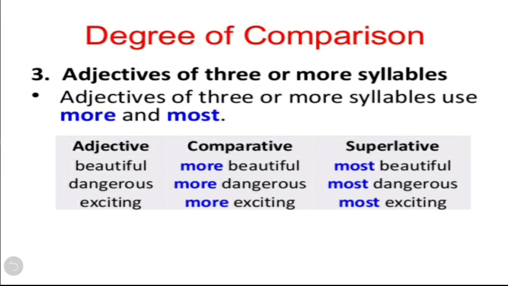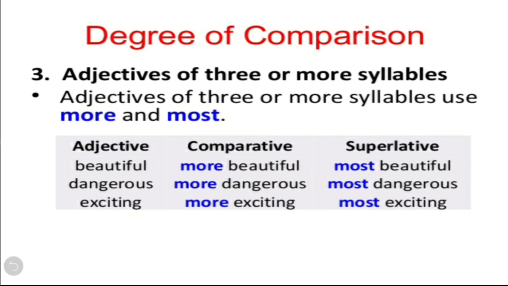So, children, further, when there are three or more syllables, adjectives of three or more syllables simply use more in the comparative degree and most in the superlative degree, like beautiful, three syllables are there, dangerous, exciting.